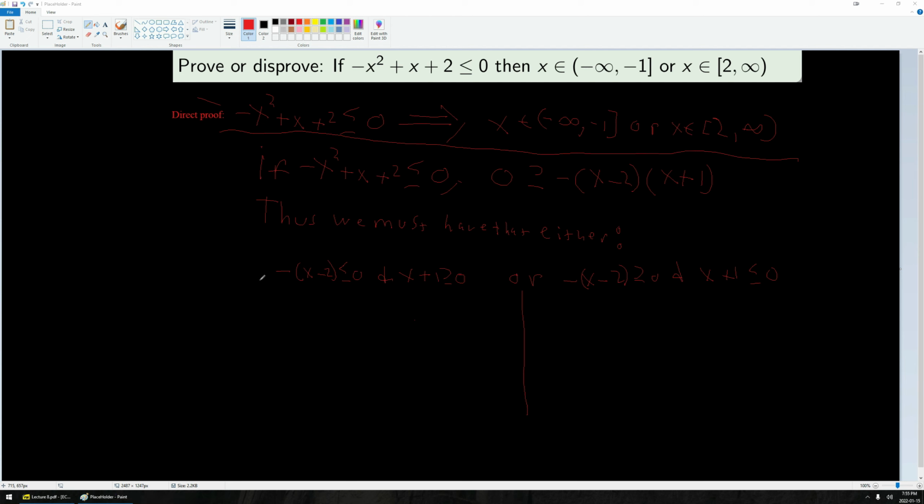Okay, so from here, now I just want to do some algebra here and here to simplify this out. If this thing is true, then I can solve this for x. If I multiply by the negative, it'll flip the inequality, then I can add 2. So this first one tells me that x has to be greater than or equal to 2, again flipping the inequality and adding 2, and at the same time, x has to be greater than or equal to -1. Out of these two, this is the most constrictive.